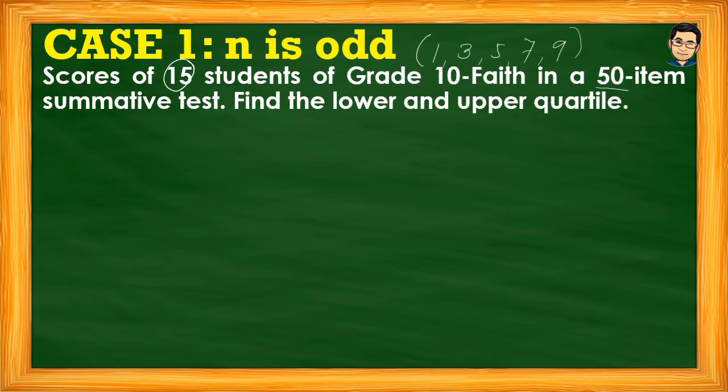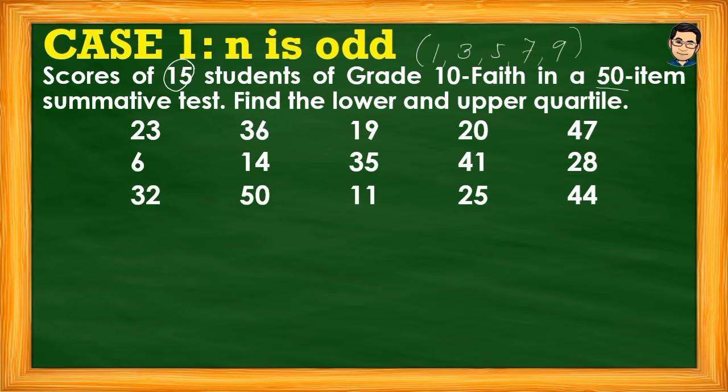So we have to determine the lower and upper quartile. Here are the scores of the 15 students: 23, 36, 19, 20, 47, 6, 14, 35, 41, 28, 32, 50, 11, 25, and 44.